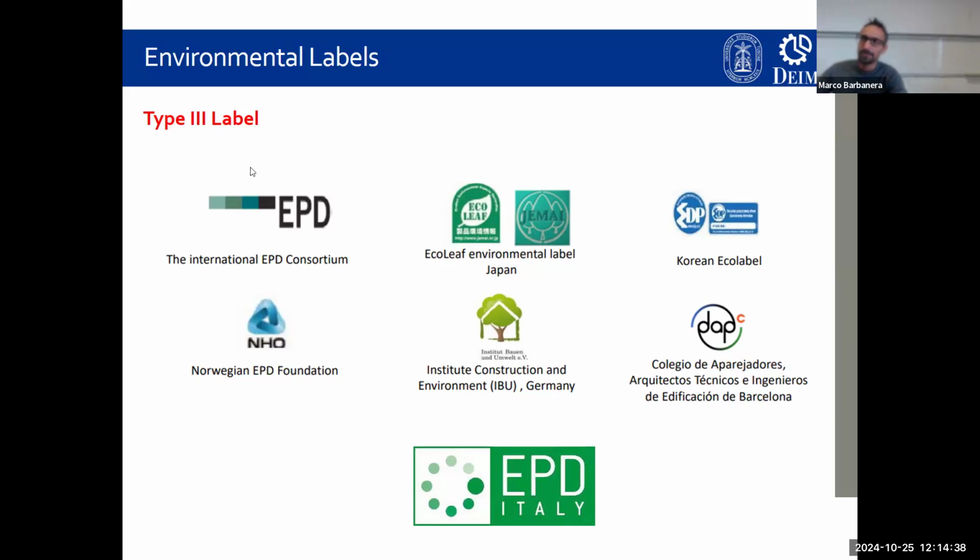The most known environmental type 3 label in Europe is the first one, the International EPD Consortium. In Italy, from I think from 2020, 2019, I don't remember, we have also the EPD Italy. EPD Italy is the environmental product declaration for the Italian companies.